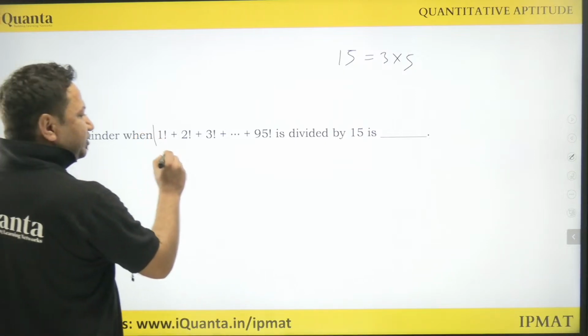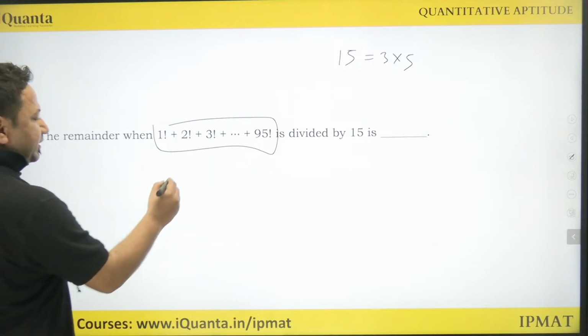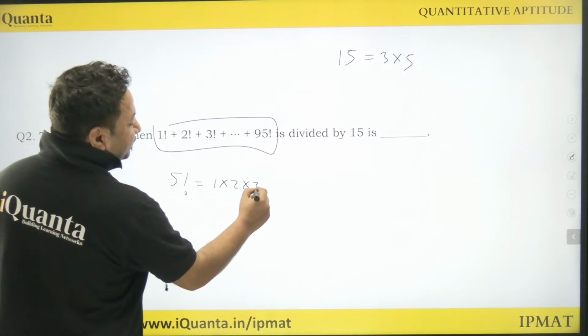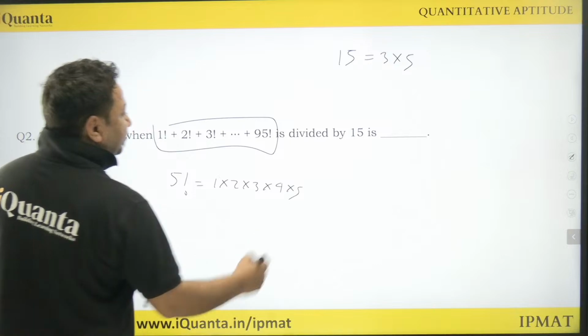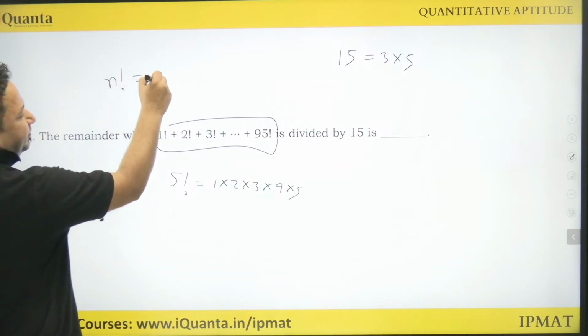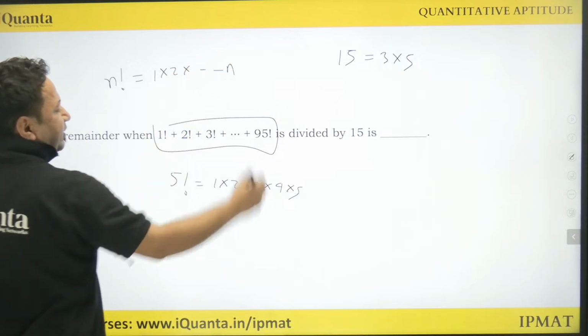So as we can see over here, the first time a pair of 3 and 5 comes is in factorial 5, because it is nothing but 1 into 2 into 3 into 4 into 5. I'm assuming that you understand what is factorial. When I say factorial of n, that means nothing but the product of all the natural numbers starting from 1 till n.